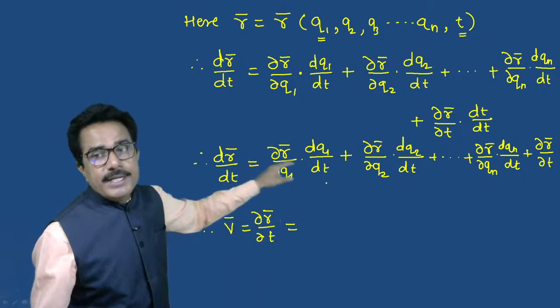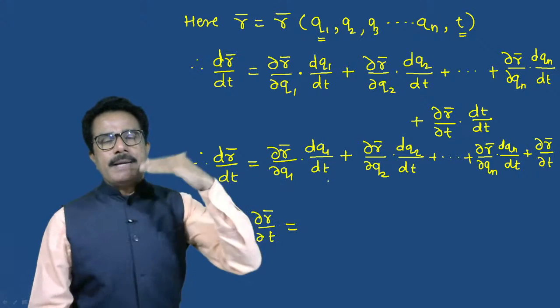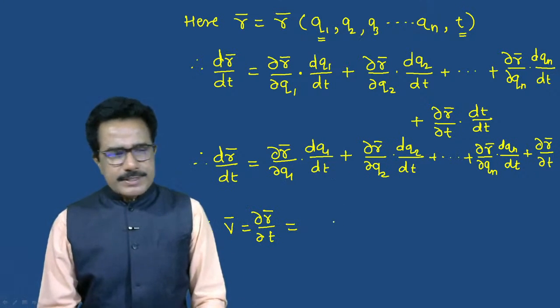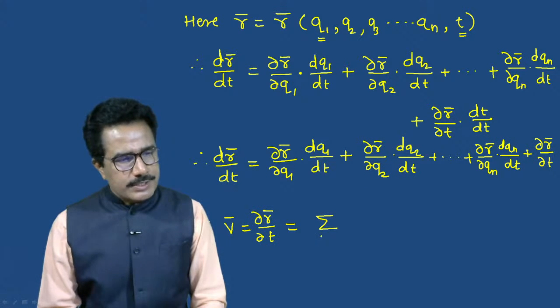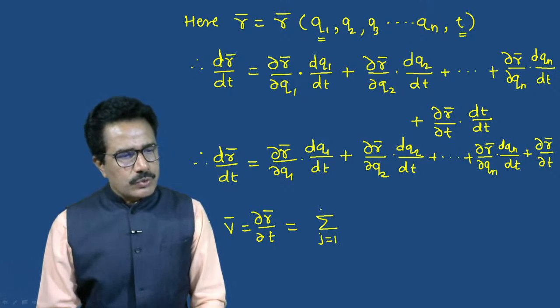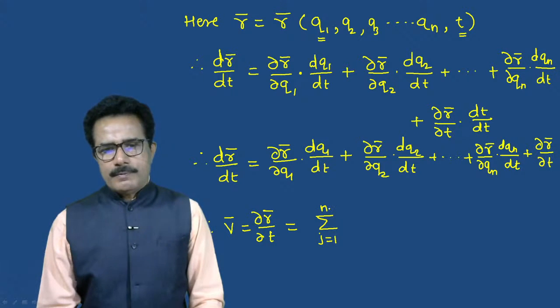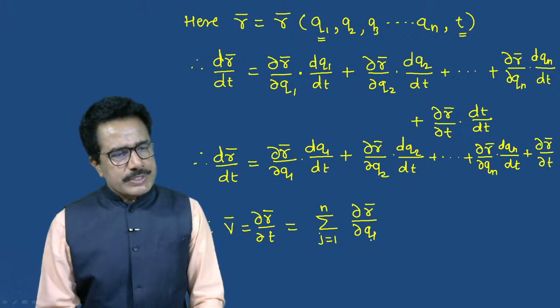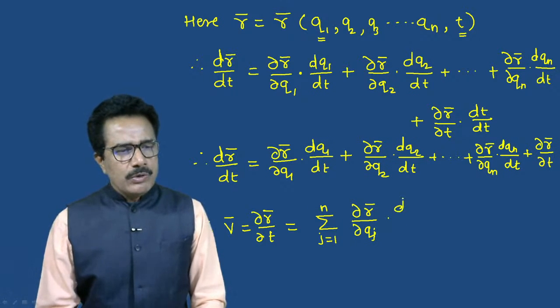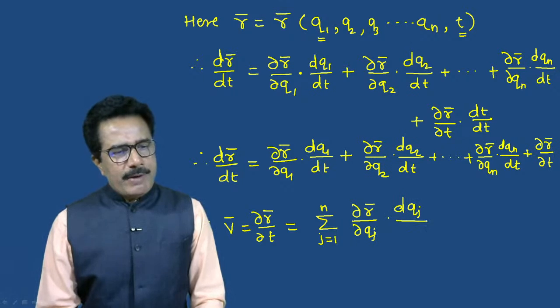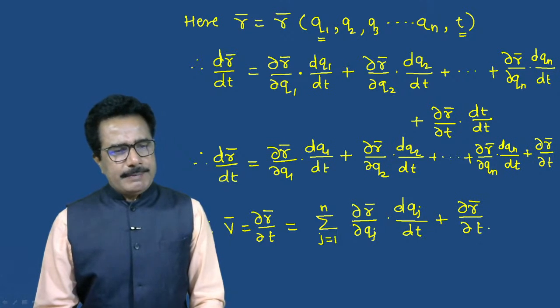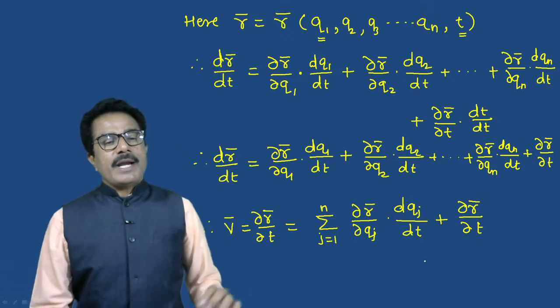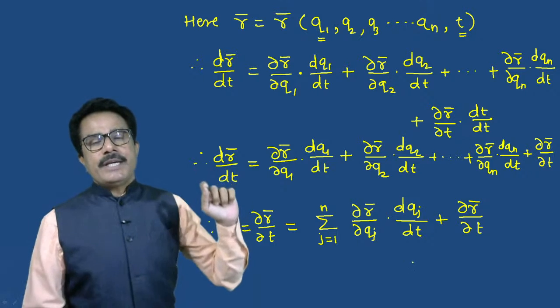So the terms of addition can be written in the form of a summation over j, with j equal to 1 to n, of dou r bar by dou qj into dqj divided by dt, plus dou r bar by dou t. See, this is called the generalized velocity.